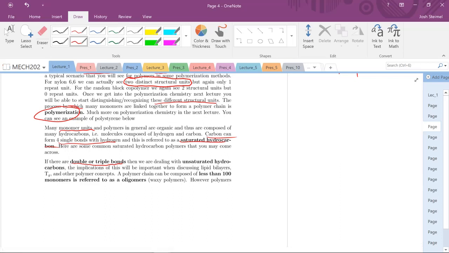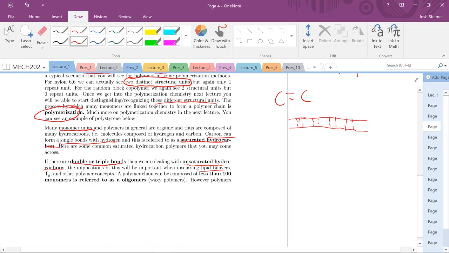You've probably seen this before when dealing with unsaturated hydrocarbons, especially with lipid bilayers. It used to be that you definitely didn't want to eat saturated fats, or unsaturated fats, whatever. Anyway, there's a certain type of fat where the double bonds cause a kink in your lipid bilayer, and it makes it less fluid, which really affects the properties of that lipid bilayer.